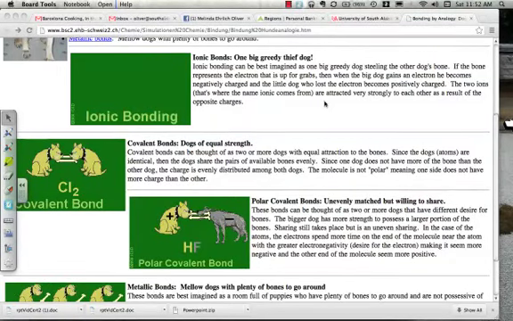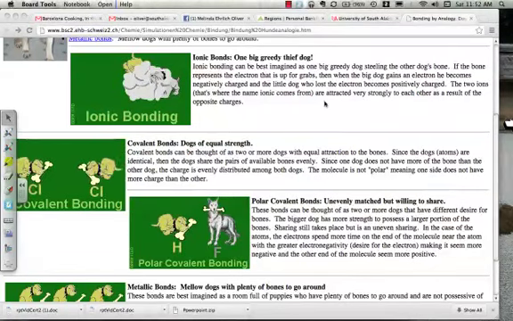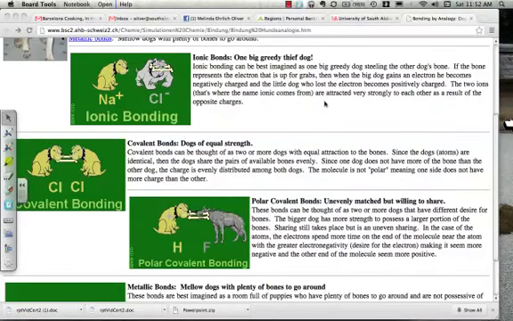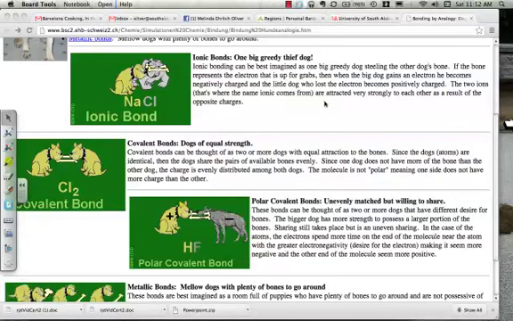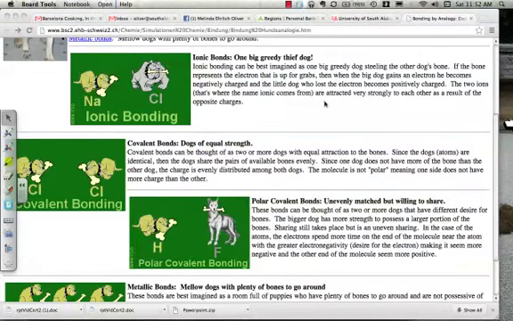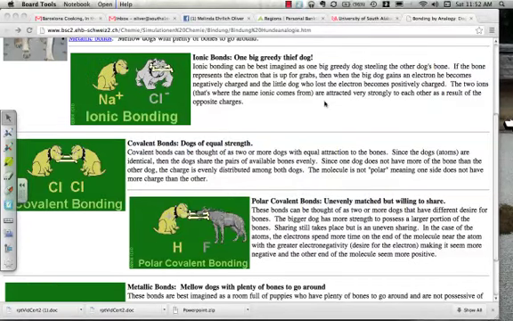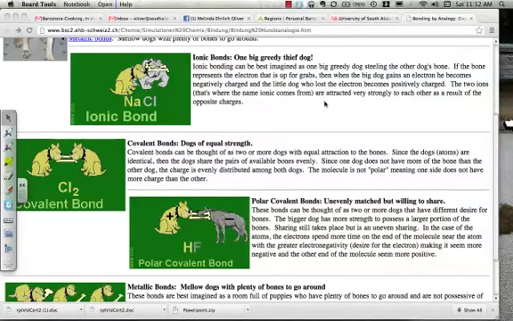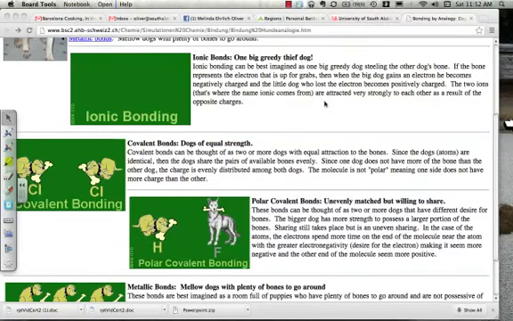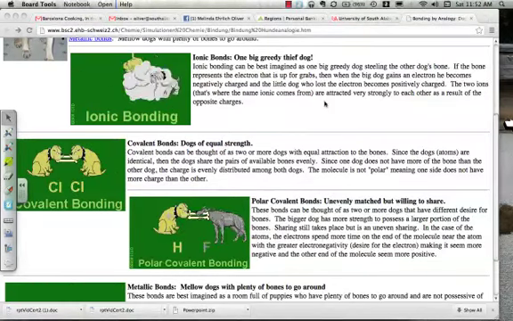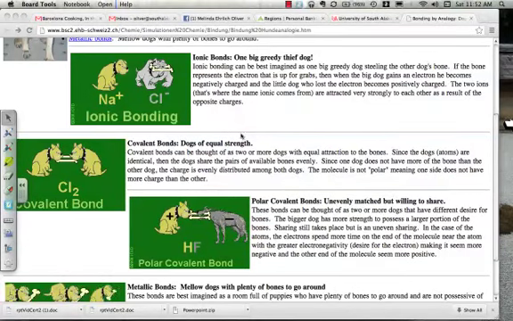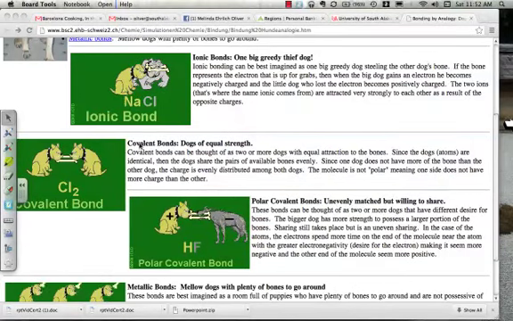And then you go to the right and you increase your electronegativity difference. As you move to the right, where the electronegativity difference is getting larger and larger, and I will draw this out in a moment, you are getting more and more ionic-like. We say that the bonds have more ionic character. Okay? What I'm going to tell you is that if we are between 0 and 0.4, we are going to have this type of bond right here.